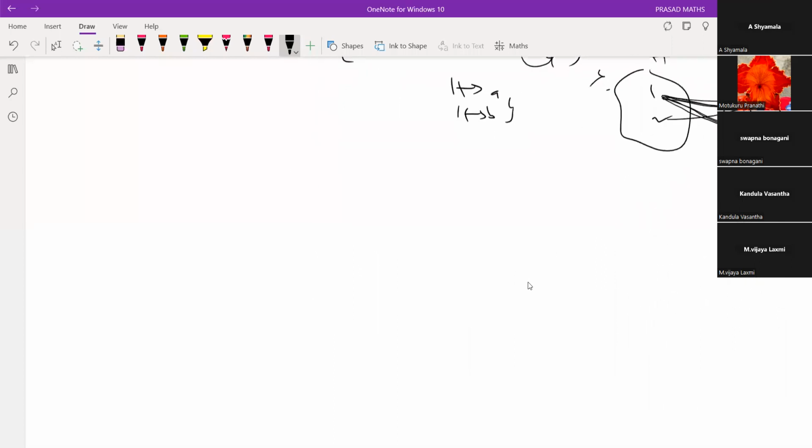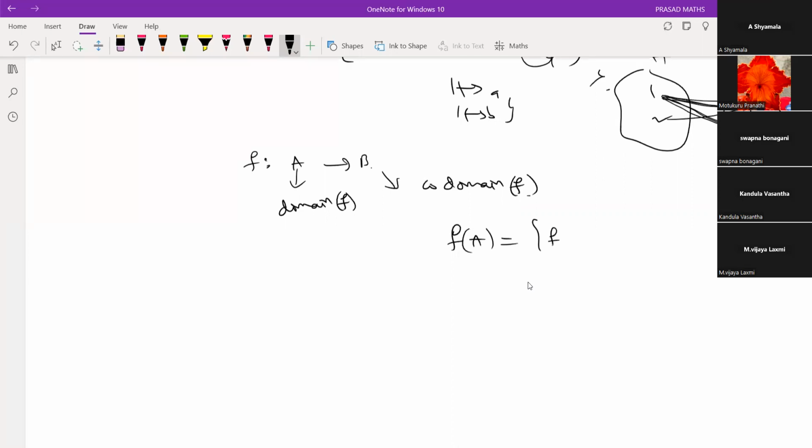Right? So whenever F is a function from A to B, we say that A is the domain of the function. B is nothing but the codomain of the function. The images of the function are called the image or range.